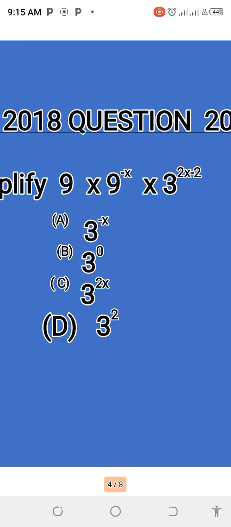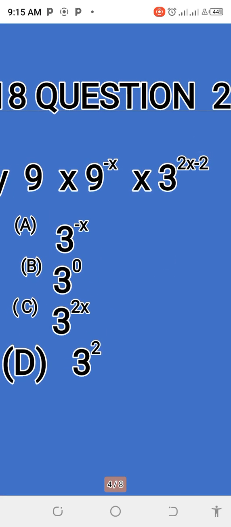Because 3 is the least base, we are going to reduce 9 to base 3. 9 is a power of 3. 9 is equal to 3 raised to power 2. So that is where we are going to start.